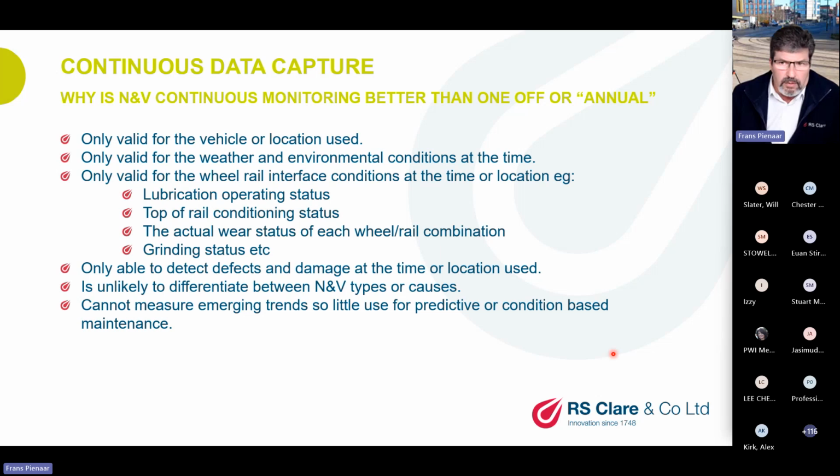But if you want to do a little bit more with noise and vibration, you need to expand that to continuous data. So you continuously need to get information into a system or into a server so that you can do the analysis of it. So the main thing is, and I'm not going to go through all the points, I'll just do a brief discussion about those points.